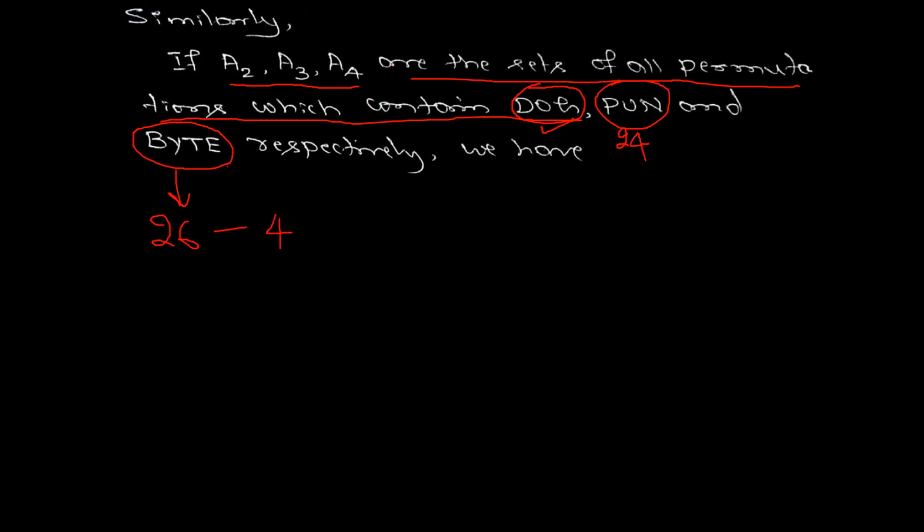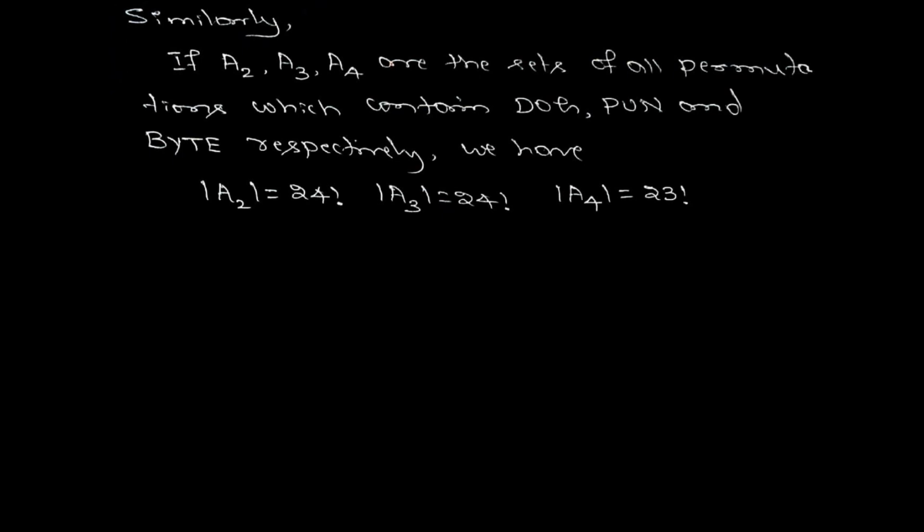That means we have removed these letters and made those 4 letters a single block, so it will be plus 1. If you simplify this, you will get 23. Therefore, the permutations with 23 symbols will be 23 factorial. Therefore, A4 has 23 factorial permutations.